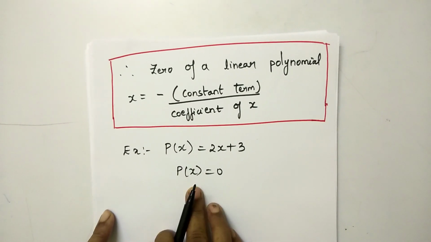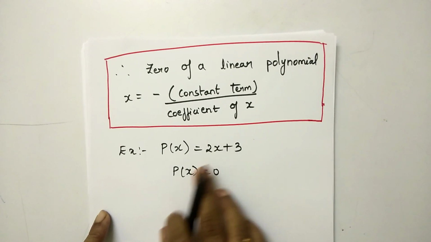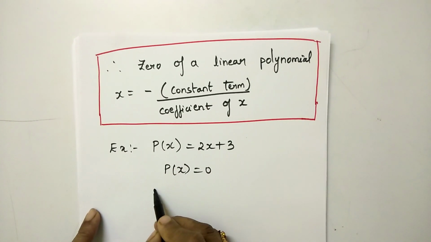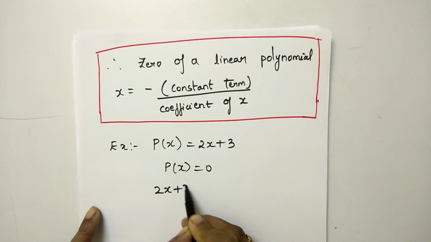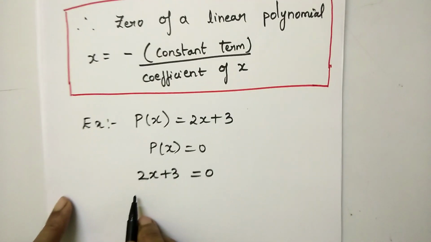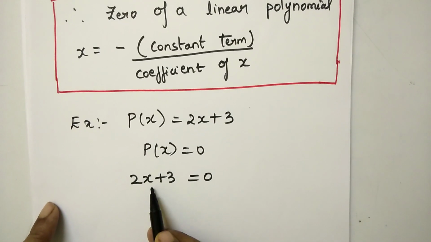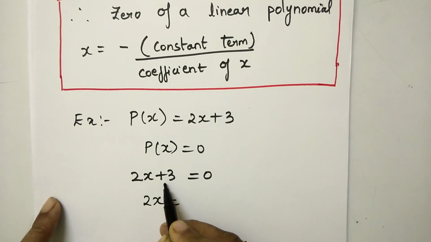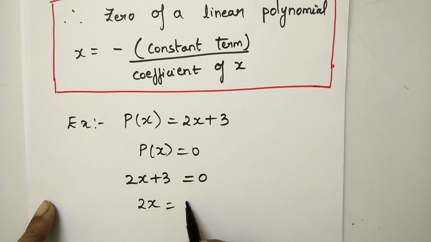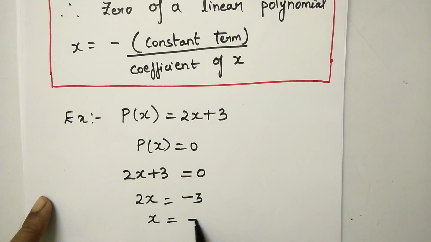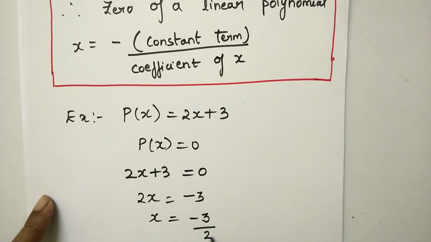Is it not? Now write in the place of p of x the linear polynomial given, 2x plus 3 equal to 0. Take the constant terms to the right hand side and the coefficients of x to the left hand side. So this is 2x, this plus 3 on going to the right hand side becomes minus 3. x is equal to minus 3 by 2.